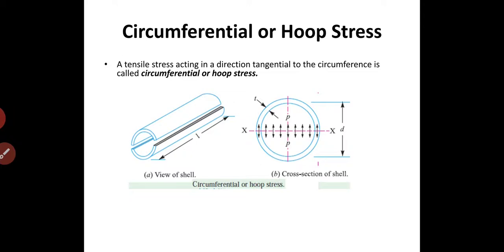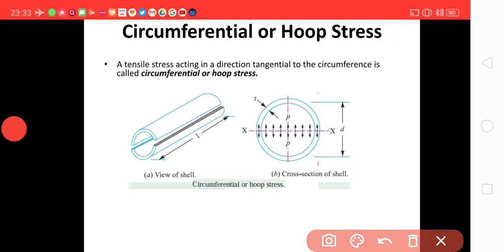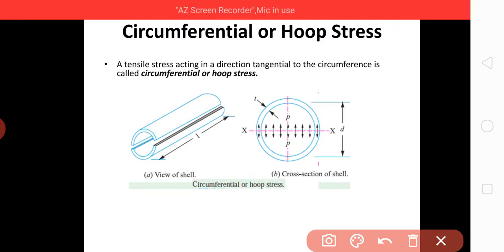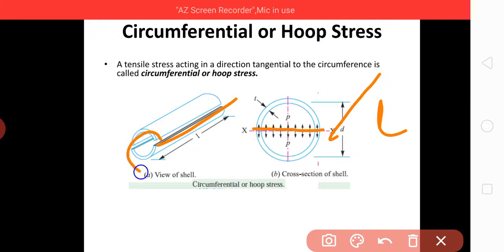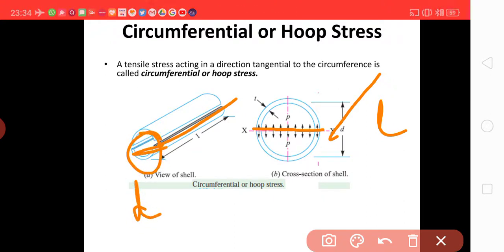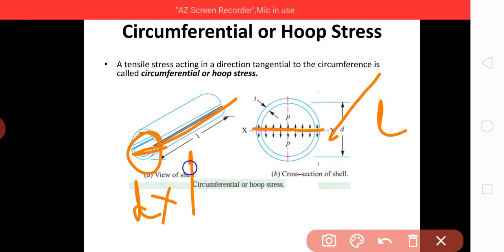Circumferential or hoop stress. Here you can realize that the force developed due to pressure is diameter into length into pressure. This is the length and this is the diameter. So D into L is the area.